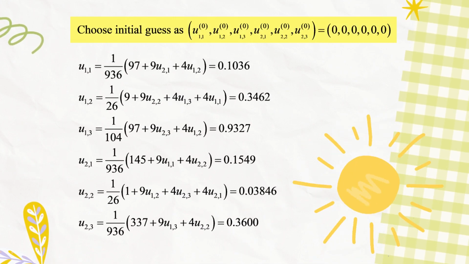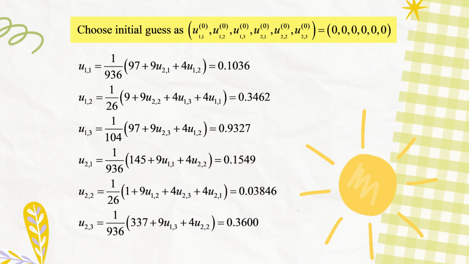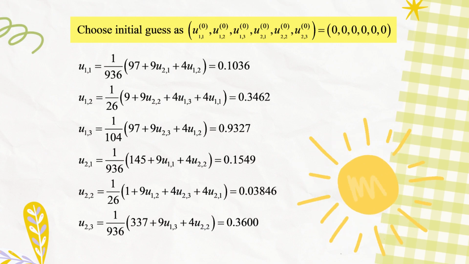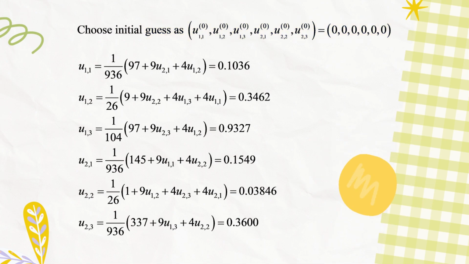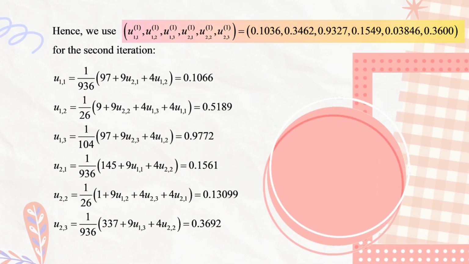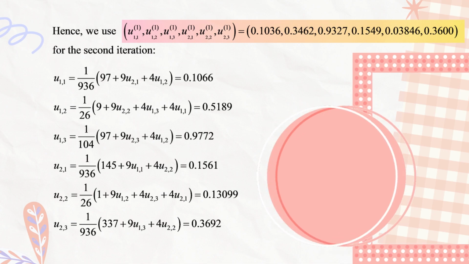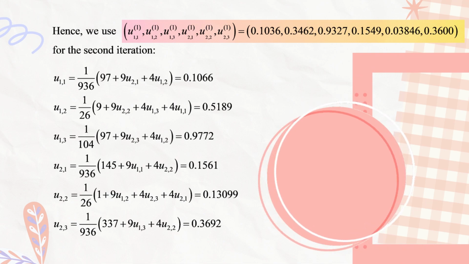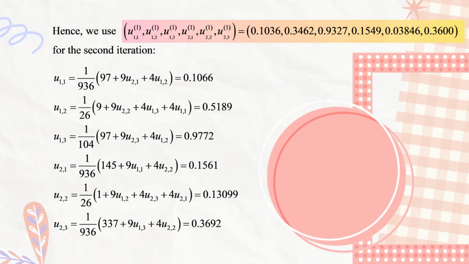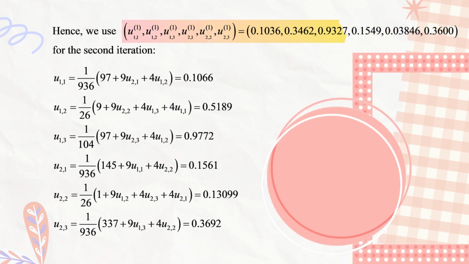For the Jacobi iteration method, we will choose all the initial guesses as 0, and we will obtain the values for the first iteration for u11, u12, u13, u21, u22, and u23. We will continue with the second iteration by choosing u11, u12, u13, u21, u22, and u23 as the values we have obtained in the first iteration.